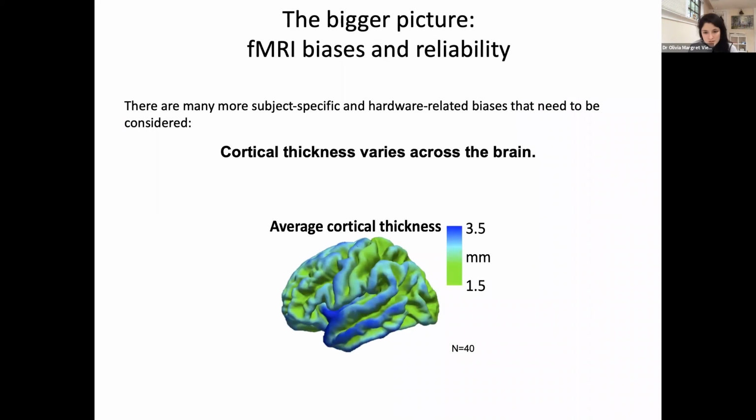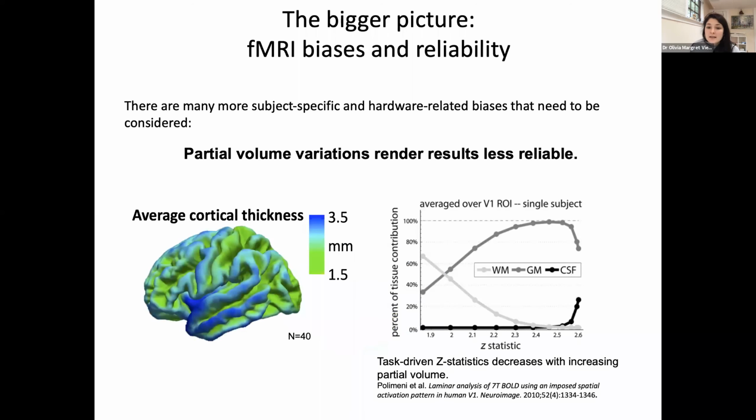So I want to mention cortical thickness as an example that varies non-uniformly across the brain. For example, in your visual area, the cortical thickness is very thin, and then it gets thicker for the temporal lobes. And that will induce partial volume effects, which will be more pronounced in the thinner parts of the cortex. Here in this plot, you can nicely see how your z-stats will depend on the partial voluming.